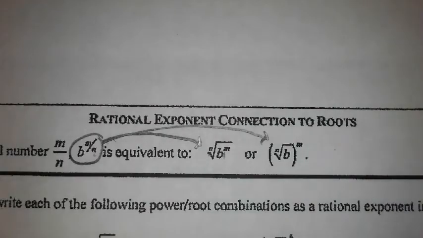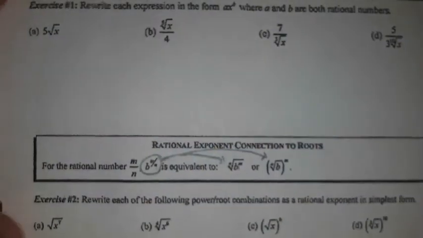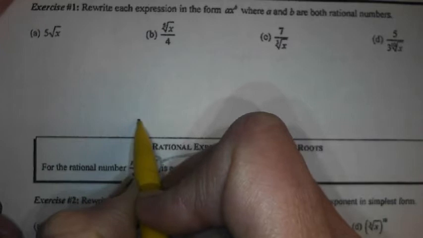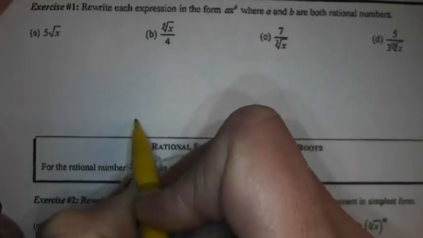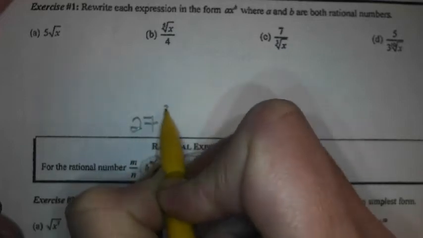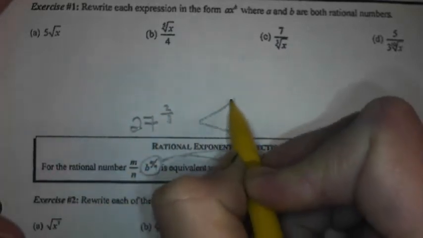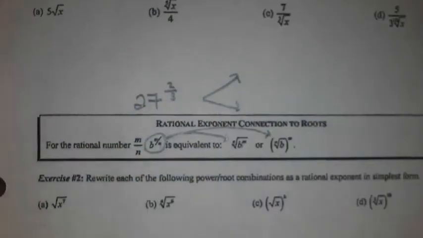Let's go back up to, I'll go up and use this space for a second. Let's pretend they give you 27 to the 2/3 power, okay? There's two different radical form versions of this.